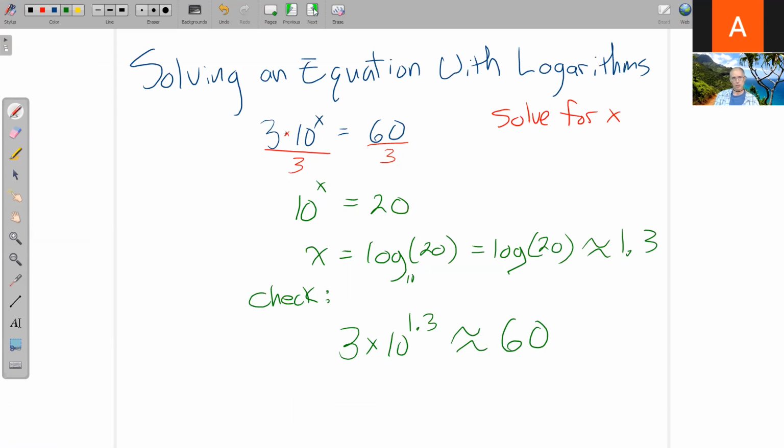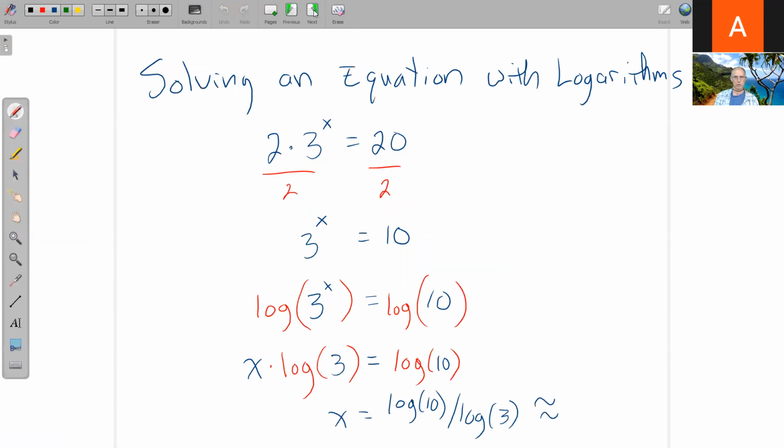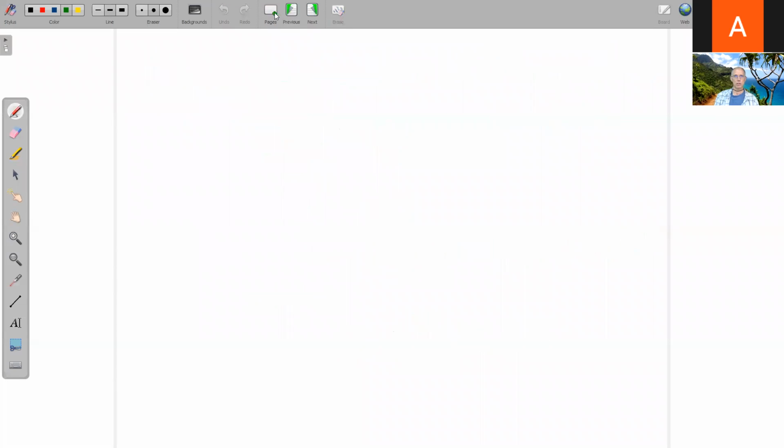Now, slightly another way to write this that we're going to need in a moment. Let's take that 3 times 10 to the power x equals 60. Another way we'll go about writing this down will start the same way. We'll divide by 3, and that gives us 10 to the power x equals 20.